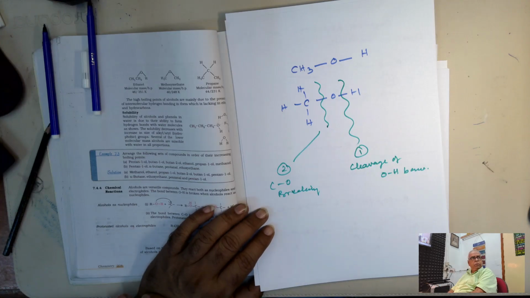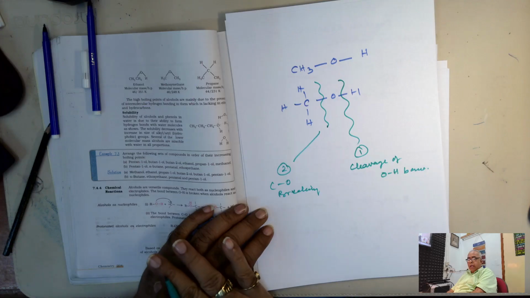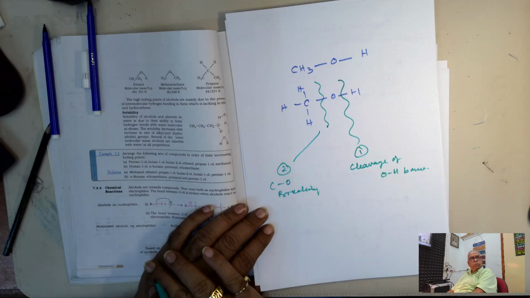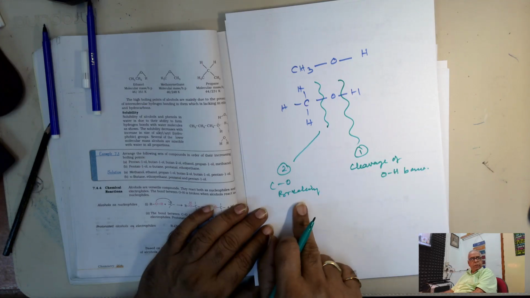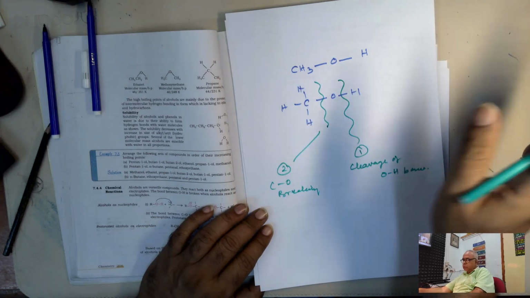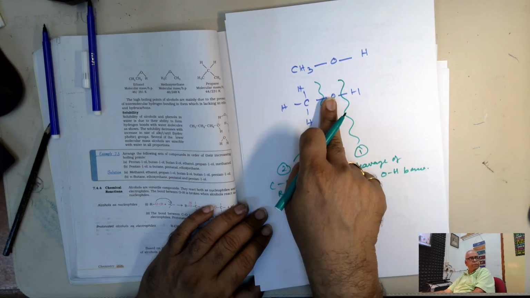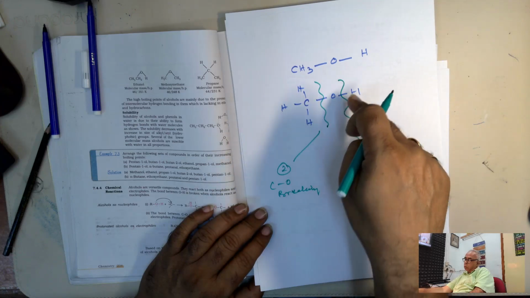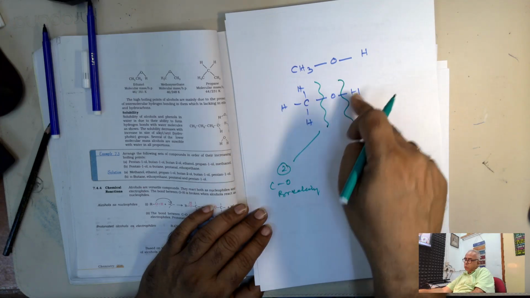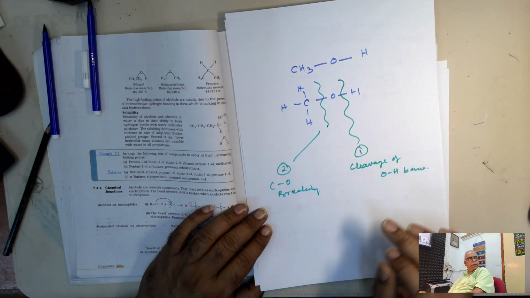OH is the functional group. In the first case, OH as a whole is cleaved, because OH itself is totally released due to the breakage of the CO bond. When the bond between O and H is cleaved, you get another type of reaction.